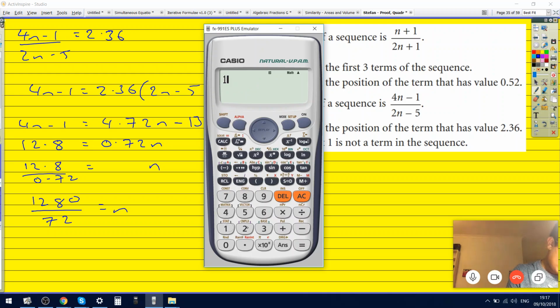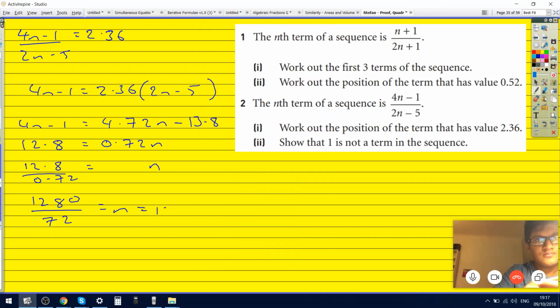So 12.8 over 0.72. Huh, that's weird. 17.7 recurring. Did we go wrong somewhere? The nth term, the position of the term with value 2.36.